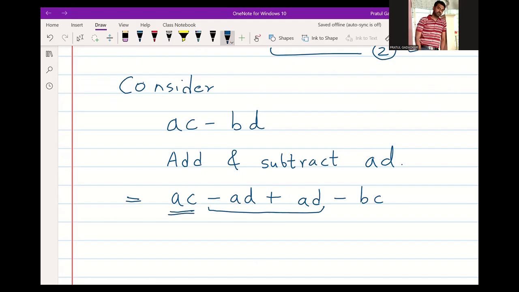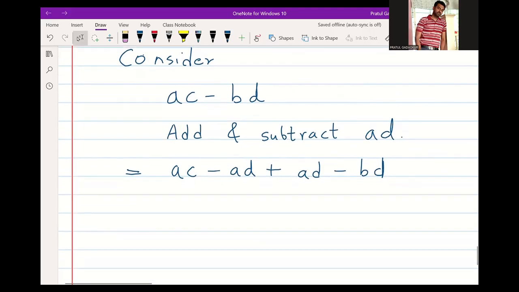The original AC and BD are kept as they are; I have not changed them. Then I will pair them up. Taking A common from the first two, I have C minus D, plus, pulling out D common from the others, A minus B. So I have A into C minus D plus A minus B into D.